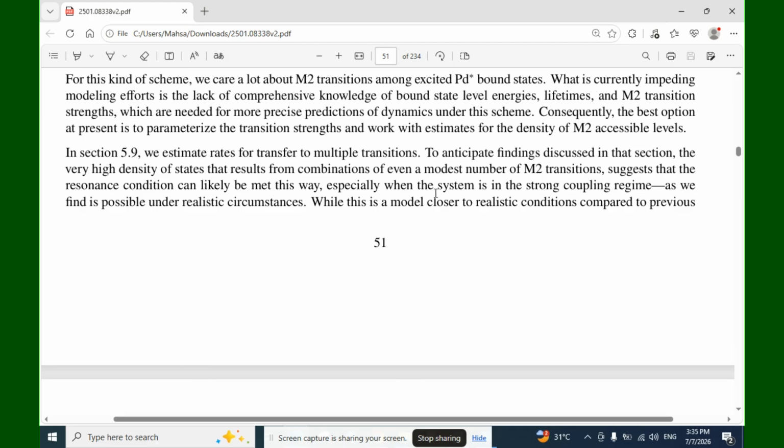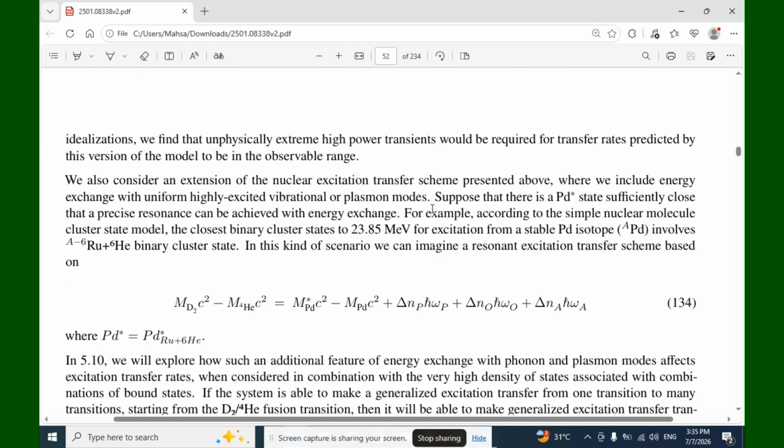While this is a model closer to realistic conditions compared to previous idealizations, we find that unphysically extreme high-power transients would be required for the transfer rates predicted by this version of the model to be in the observable range. We also consider an extension of the nuclear excitation transfer scheme presented above, where we include energy exchange with the uniform, highly excited vibrational or plasmon modes.